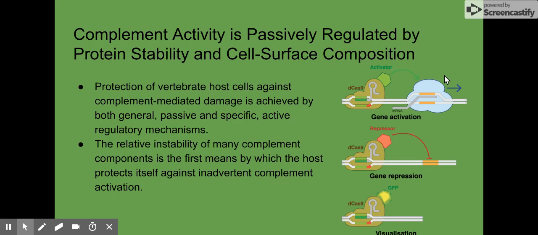The powerful effector functions of complement have the potential to harm the host. The activation of CP and LP is largely dependent on foreign material, but under certain situations, like in tissue ischemia and reperfusion, both pathways can be activated and cause autologous injury.